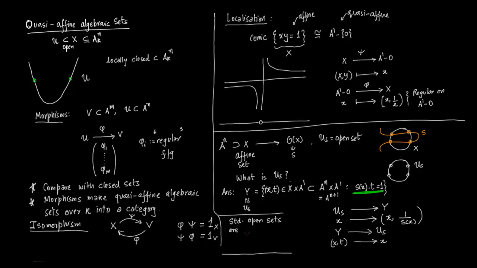These standard open sets, corresponding to a polynomial, are isomorphic to an affine algebraic set of the form Y, which is shown above. So this is what leads to localization in Eisenbud's book, and it is a good read to see how it happens.